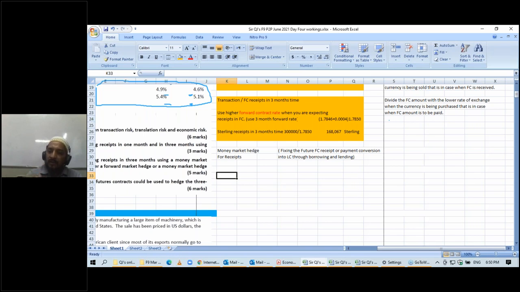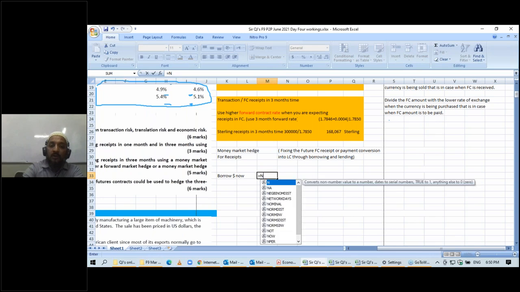Obtain foreign currency now through borrowing in the money market. In the money market, obviously you will be working through borrowing and lending of the foreign currency. So the first step is borrow foreign currency now, or borrow dollars now. Now, how many dollars will you borrow? That's a very important thing.